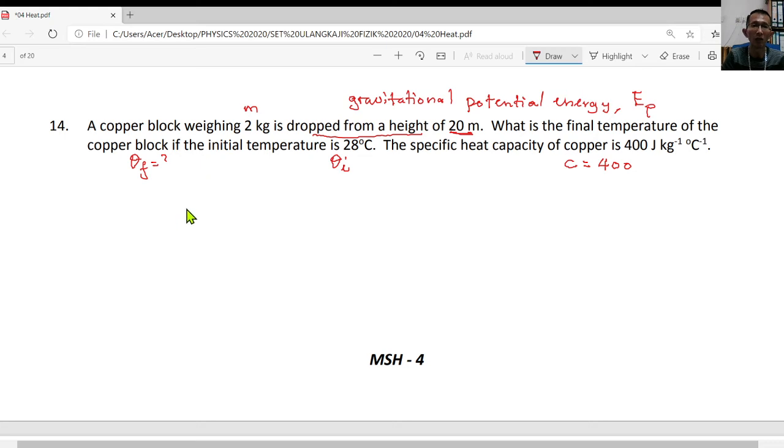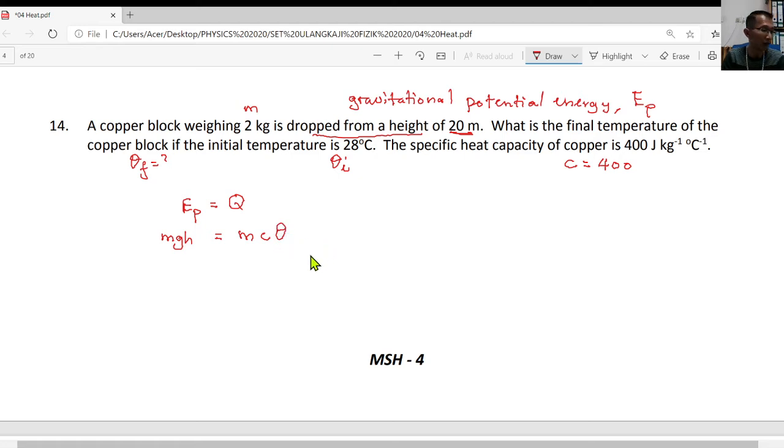Dropped from a height, so I have EP, gravitational potential energy, equals my heat energy. So EP would be mgh equals mc theta.